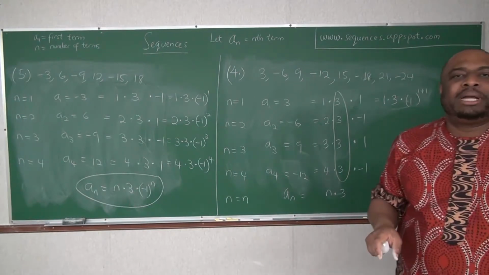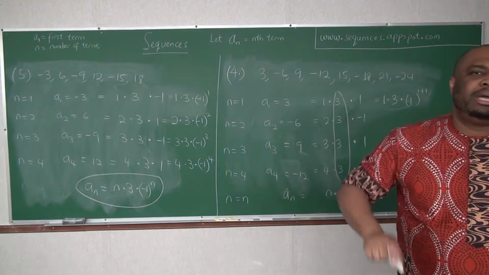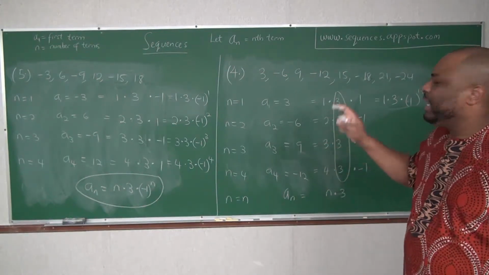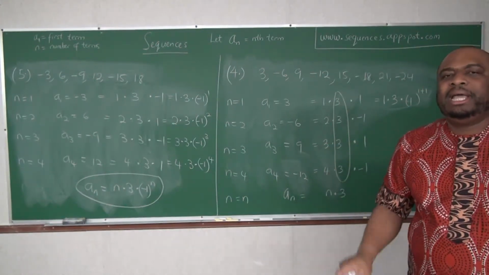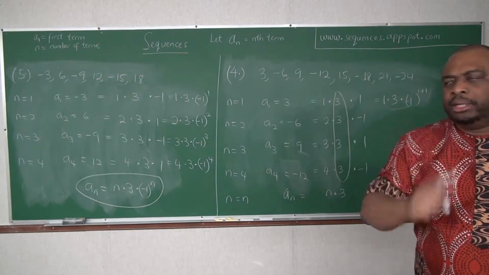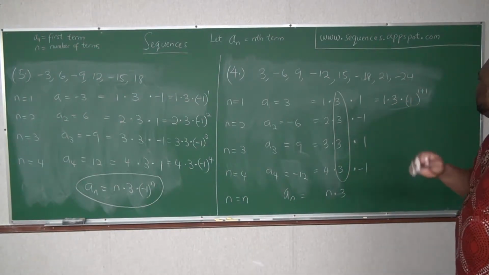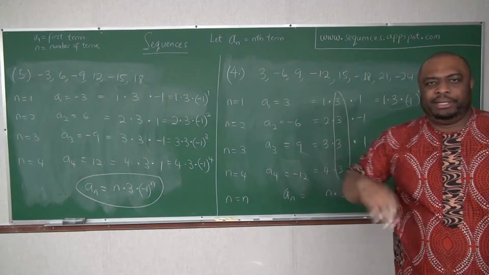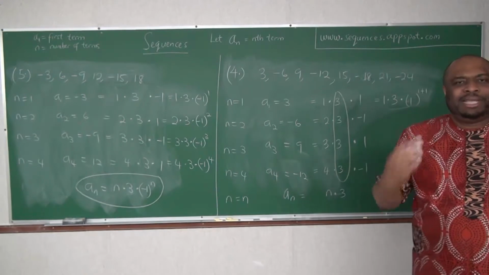But negative 1 raised to odd exponent will give you negative 1. Negative 1 raised to even exponent will give you 1. So you can't have 1. You have to think about it.